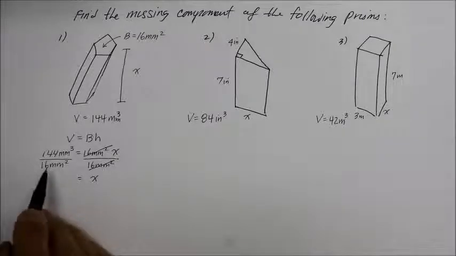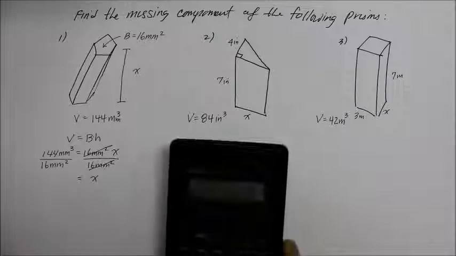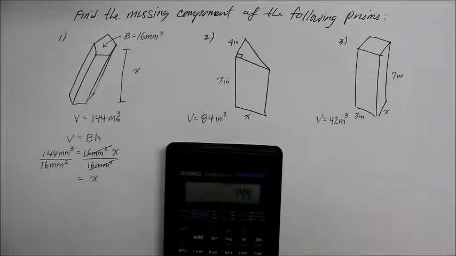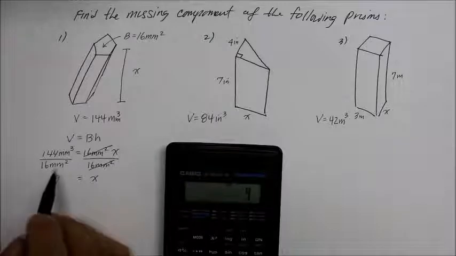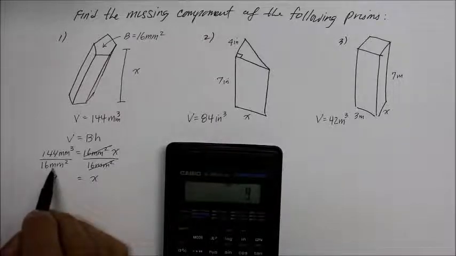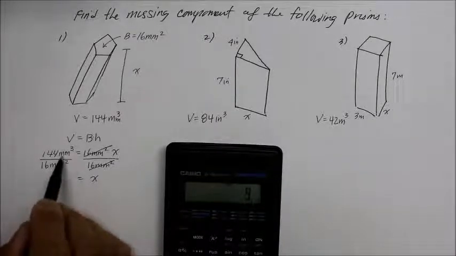Now on the left side, we have to go 144 divided by 16. Let's use a calculator for that. 144 divided by 16, and that is a nice and simple number, 9. Now how do you do the units? Well, there's 2 millimeters, and there's 3 of them upstairs.